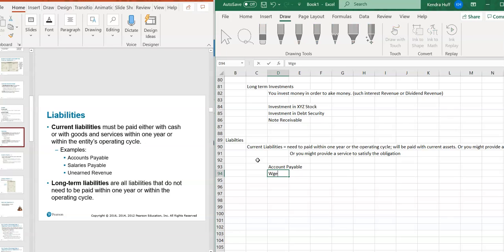So accounts payable, wages payable, utilities payable, etc. Unearned revenue is also generally considered a current liability. In this case, you don't have to necessarily pay it back with cash, but you have to provide the service that you've already been paid for. We've talked about that before.